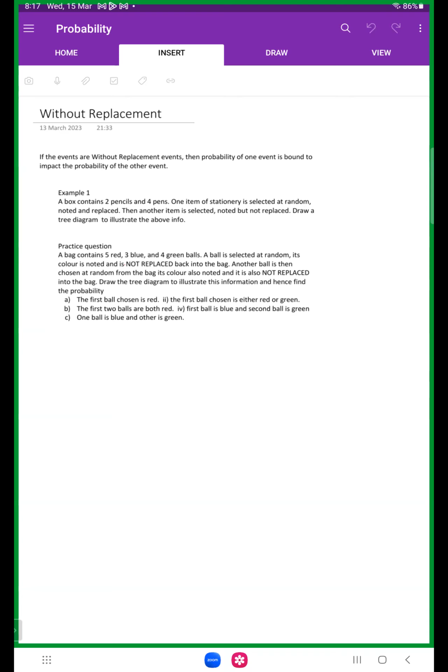Yeah. Okay. So any idea what's the difference between with replacement and without? Verbally in layman terms, what do you understand by the words with replacement and without replacement? What am I doing? I'm picking up things from a bag.